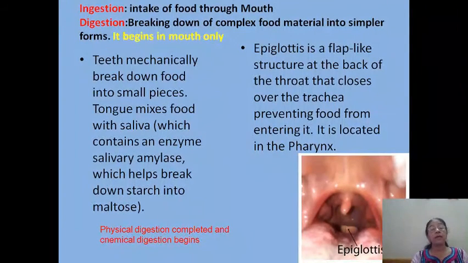First is ingestion. What is ingestion? Ingestion is the intake of food. Human beings have a special organ for the ingestion of food, and that special organ is the mouth.